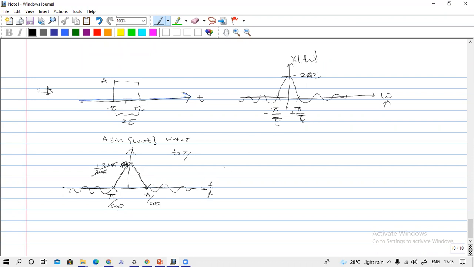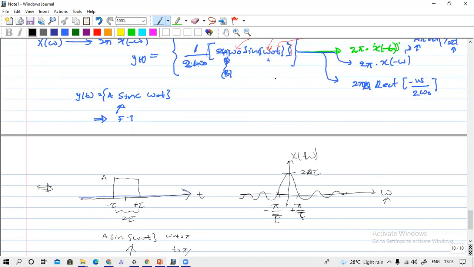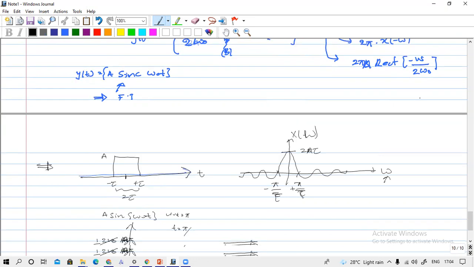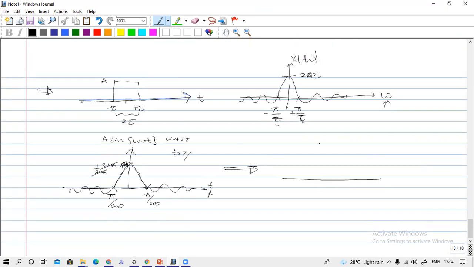So if I find the Fourier transform, I have this one, 2πa rect omega by 2 omega naught. So we have this signal.